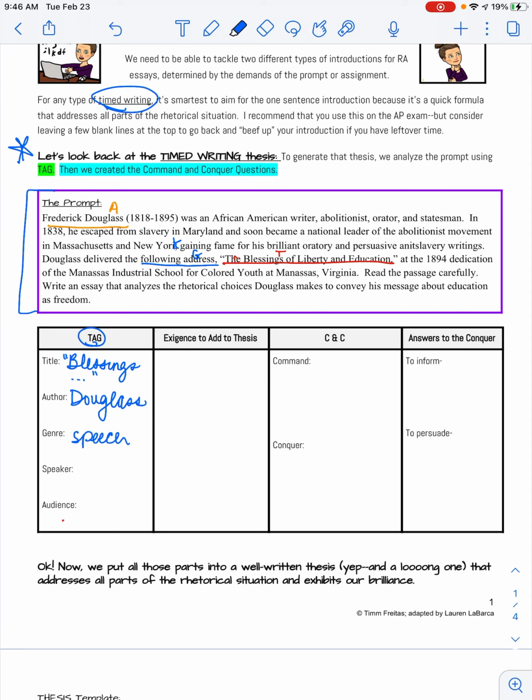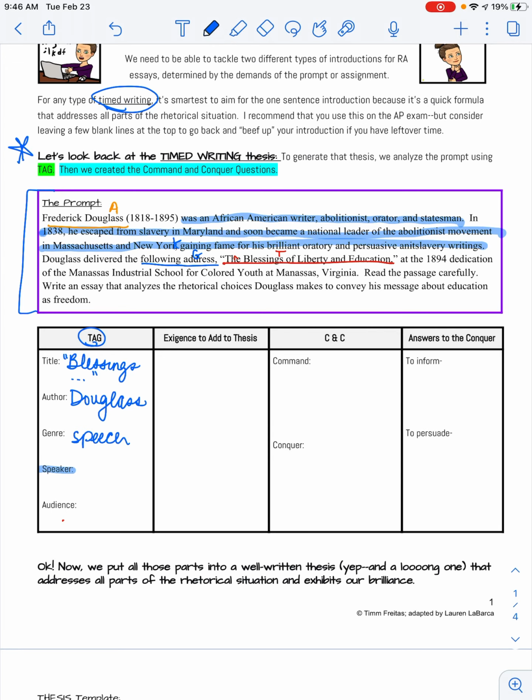So, for example, he was an African-American writer, abolitionist, orator, and statesman. In 1838, he escaped from slavery and became a national leader of the abolitionist movement in Massachusetts and New York. This is all a lot of good stuff here. That's stuff that might fit under my speaker column.